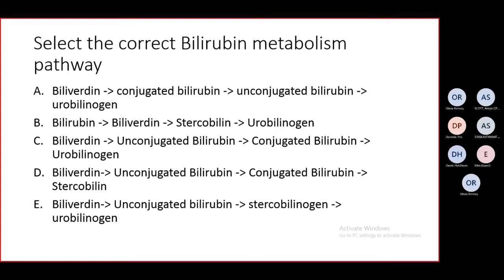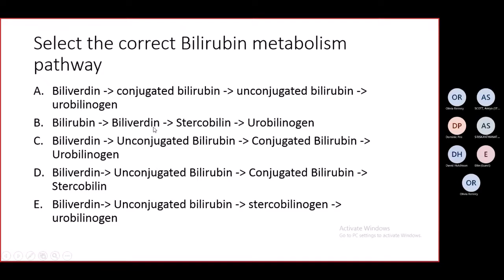So the answer is actually E. Our pathway is going to go biliverdin first, so remember green before yellow, which automatically excludes B, so we can cross B off. What happens before our bilirubin becomes conjugated? It's unconjugated, so then we've got C, D and E left in the pool.